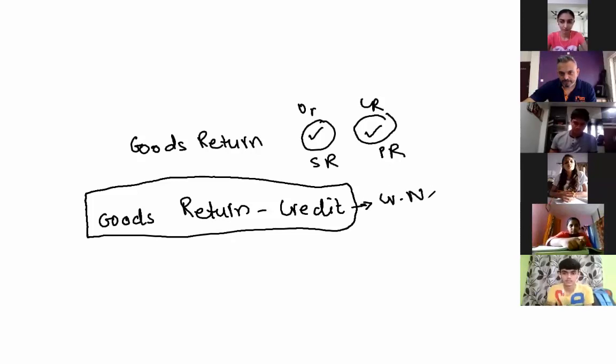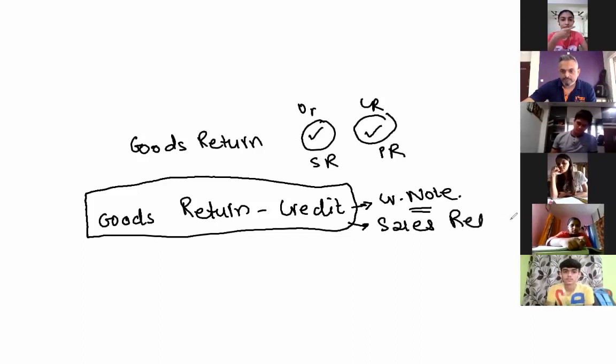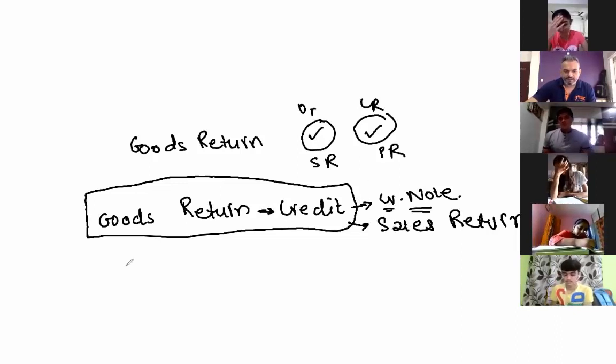This goods return credit is our sales return. What entry do we pass for sales return? Sales return account debit to customer account credit. So we issue a credit note. So these goods are returned with a credit note. That is why it is given goods return credit. So it is sales return.